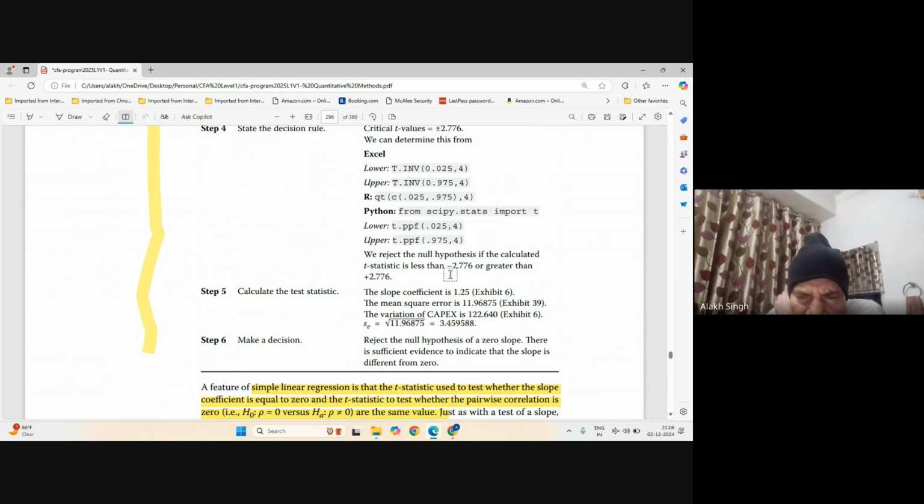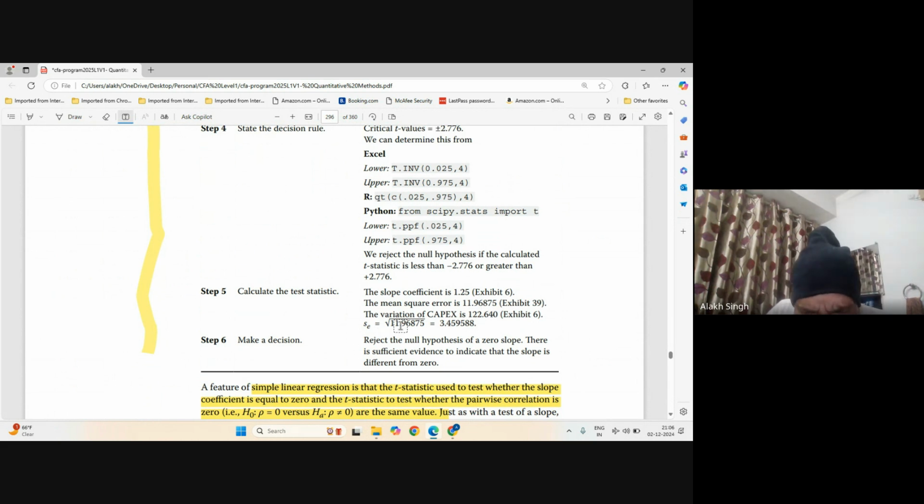How do we calculate T? We had found B1 was 1.61, and the mean square error is 11.96, Exhibit 39. So where do we calculate the mean square error?